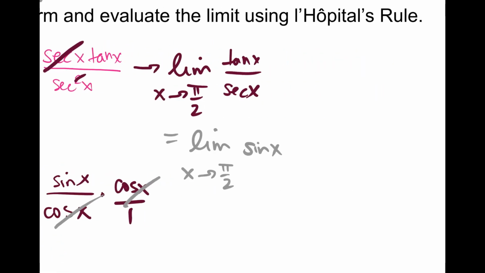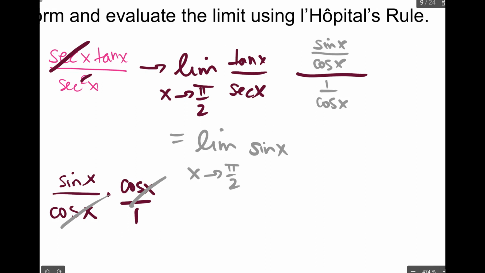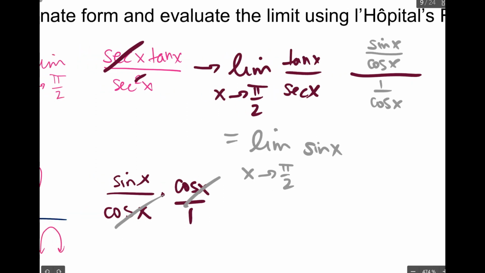Sine over cosine is the same thing as tangent. Secant is the same thing as 1 over cosine. Instead of dividing by 1 over cosine, multiply by the reciprocal, cosine over 1. Same thing as sine of x. Cool. What is the value as x approaches pi over 2?